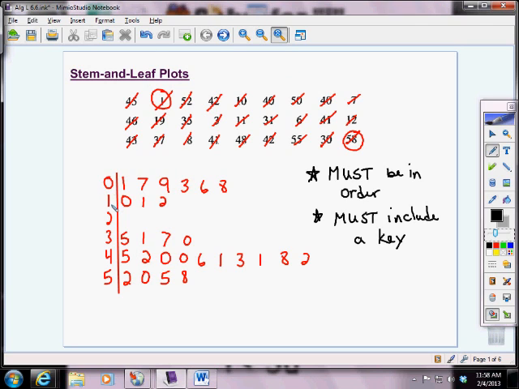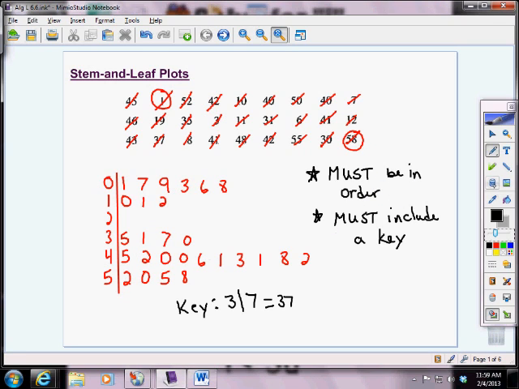How do I know this doesn't represent 1.0, 1.1, 1.2? So we need to place a key. And what a key does is you pick any number you want. Maybe I pick 37. And we say 3 line 7 equals 37. That tells me that each of these numbers is going to be 35, 31, 37, and 30. Okay? So that's what a key is.